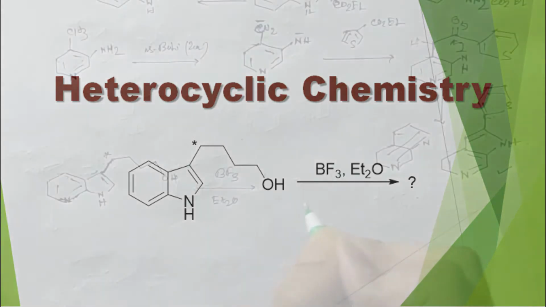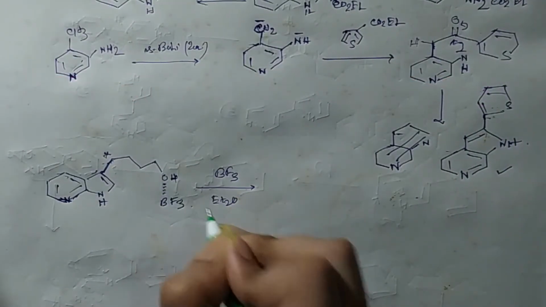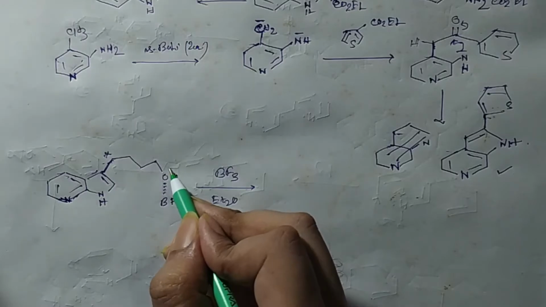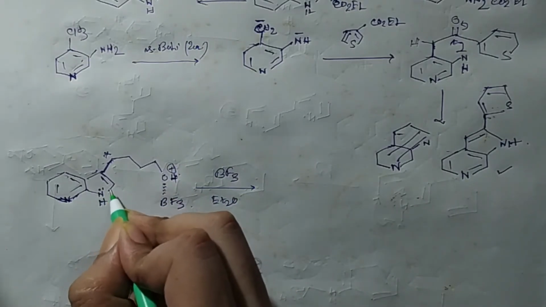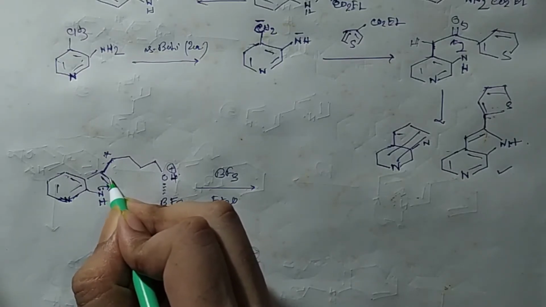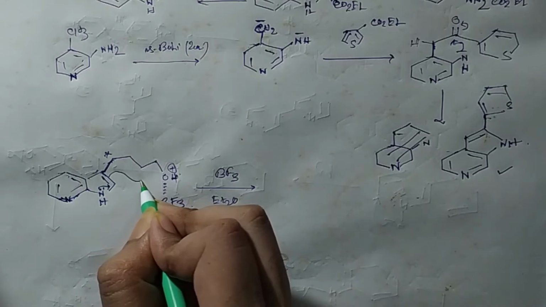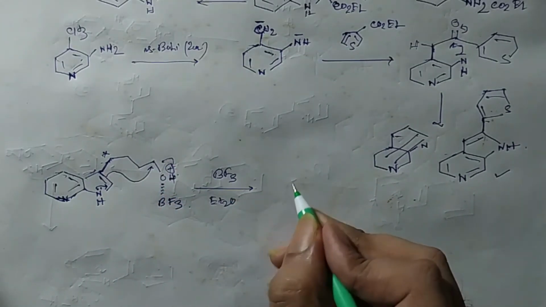So this is coordinated to the metal boron, converted into a good leaving group, with a positive charge. Now from the nitrogen lone pair, this is donated here, and this bond goes to this carbon, and this leaves. So we get an intermediate.